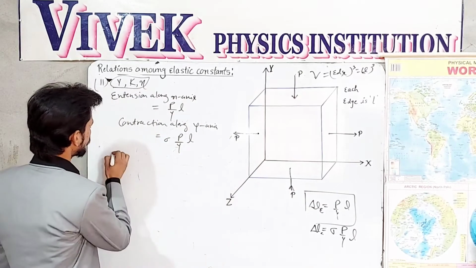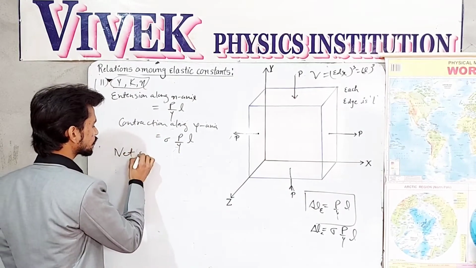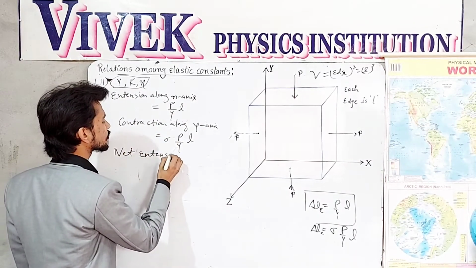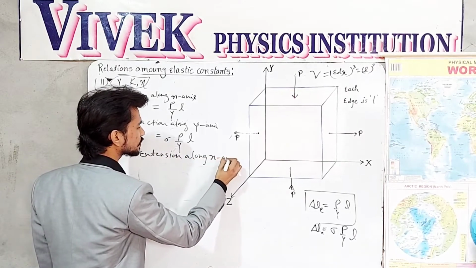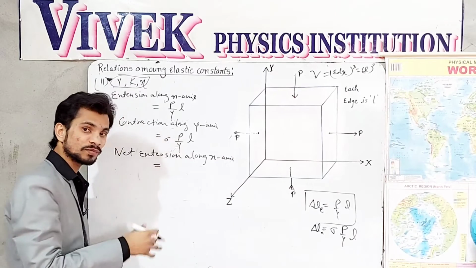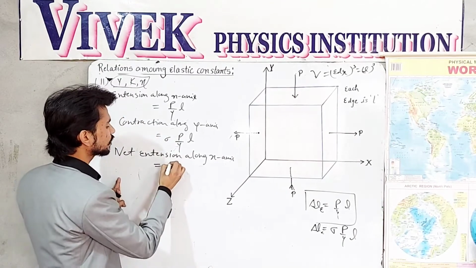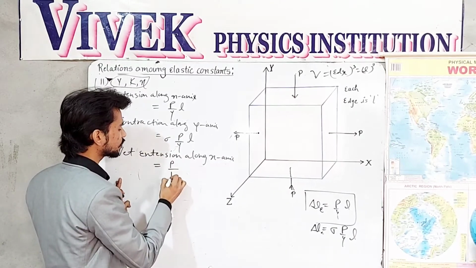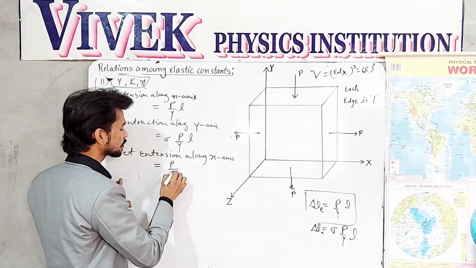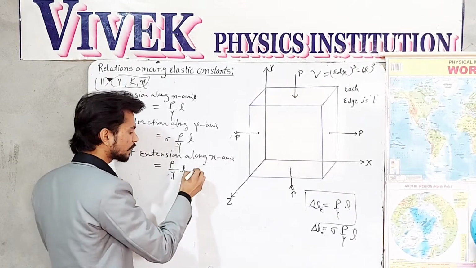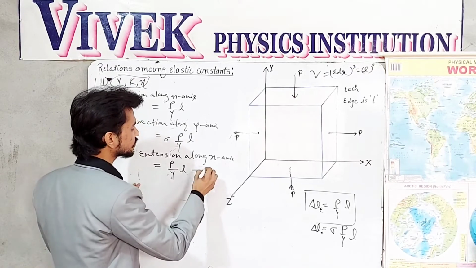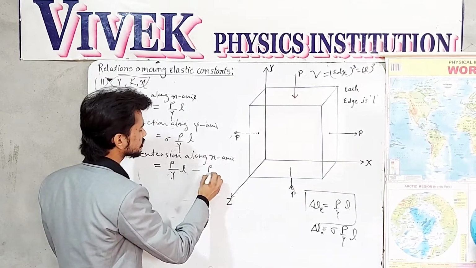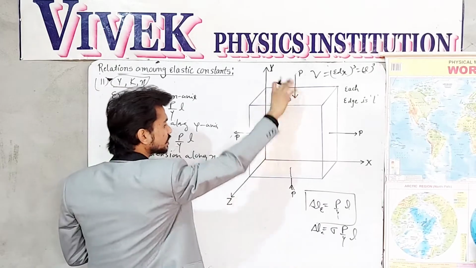Now the net extension along the x-axis will be what? That will be the total extension P L over Y plus the total contraction. For the contraction I am taking negative because the edge length is decreasing due to these two normal stresses.